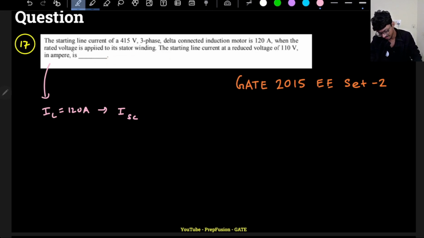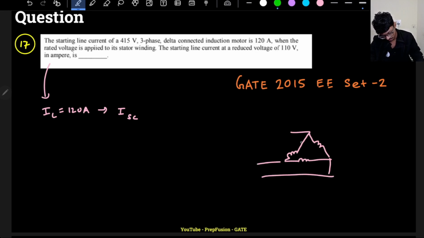They have told that it is a delta connected induction motor, and at rated voltage it takes 120 amperes of current.